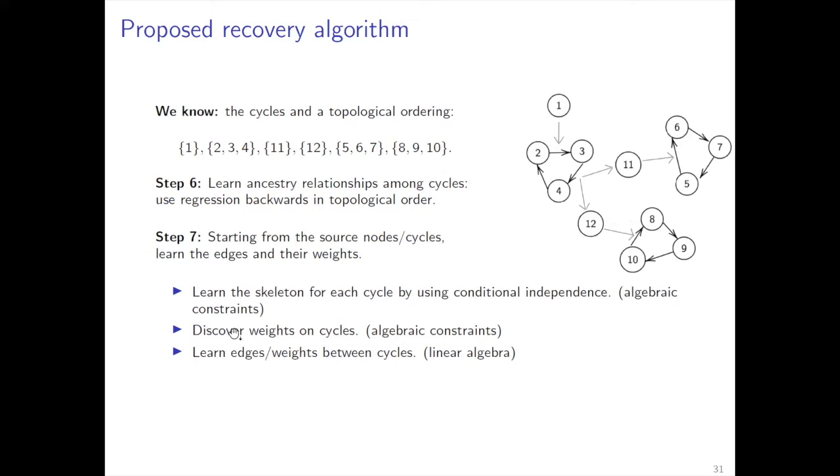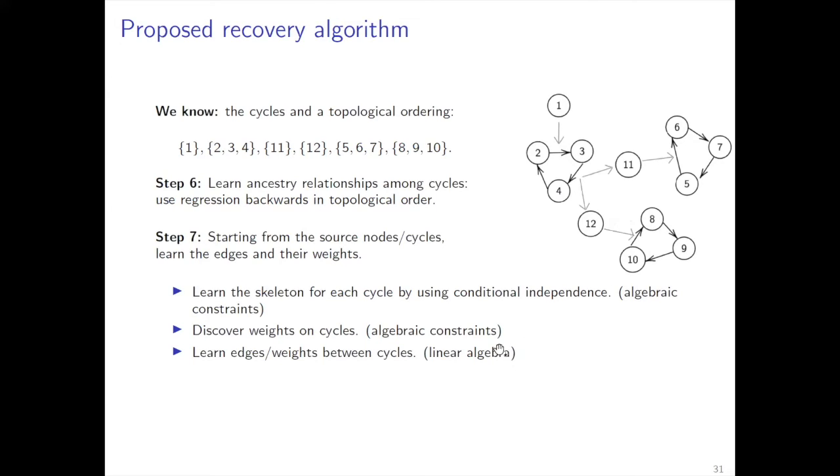And then for each cycle, we want to discover the weights on the cycle. For a given cycle, no matter how big it is, the weights will satisfy some degree 3 polynomial relationships. So for example, the weight on this edge 8 to 9 is some ratio of a polynomial of degree 3 divided by another polynomial of degree 3.